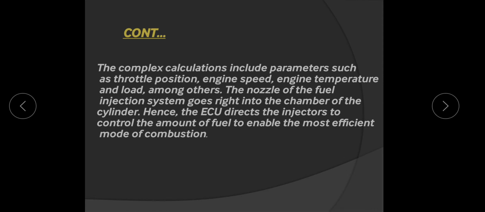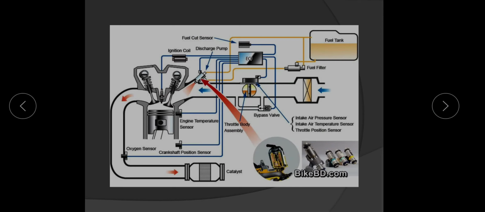The complex calculations include parameters such as throttle position, engine speed, engine temperature, and load, among others. The nozzle of the fuel injection system goes right into the chamber of the cylinder. Hence, the ECU directs the injection to control the amount of fuel to enable the most efficient mode of combustion.